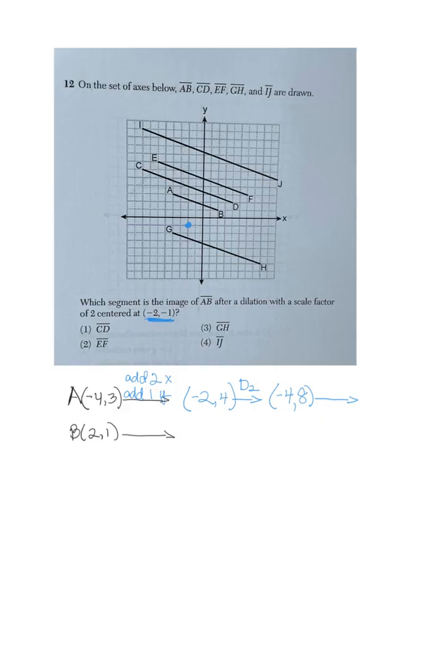So that says -2. So what I'm going to do is subtract 2 from my x value, and then subtract 1 from my y value. Okay, so I'm doing the opposite of what I did here.